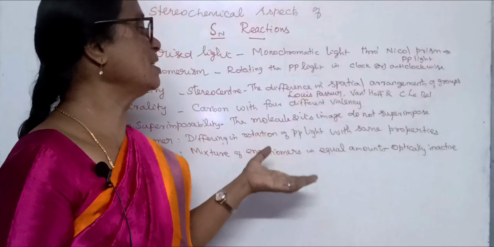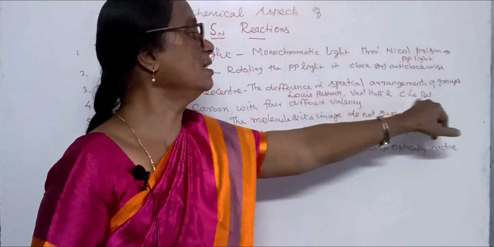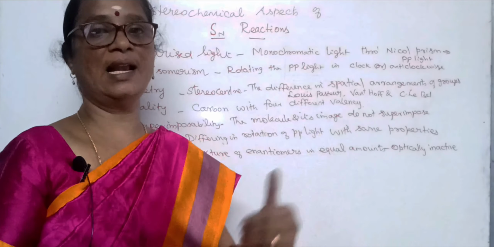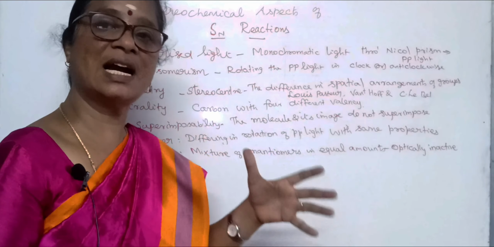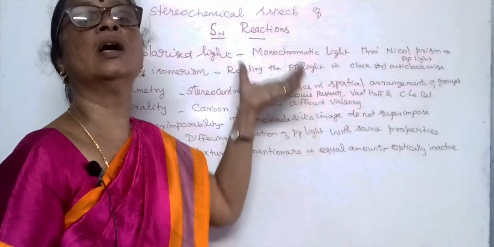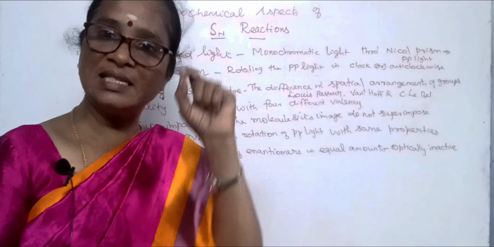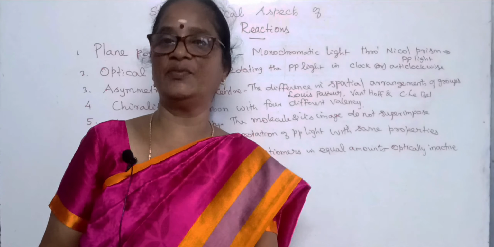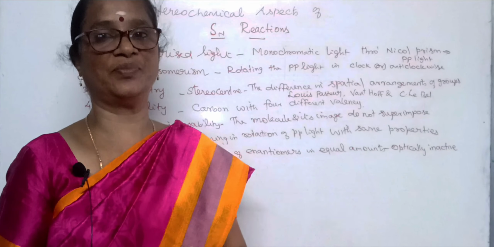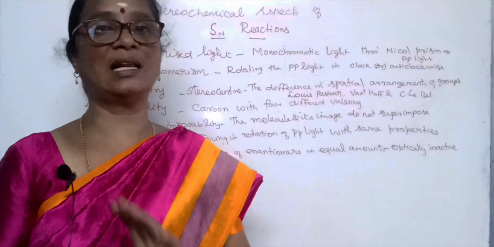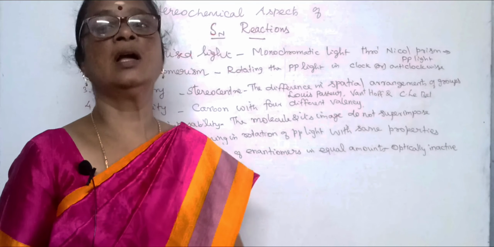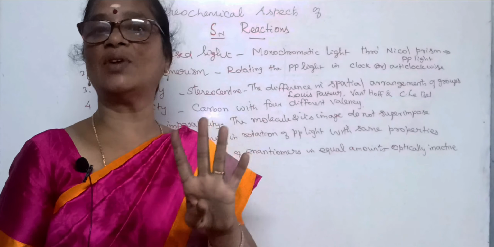Further on, it was taken up by Van't Hoff and Le Bel in a detailed manner, where they independently studied the concept of stereochemistry and considered the tetravalency of the carbon atom. The carbon has four valencies.